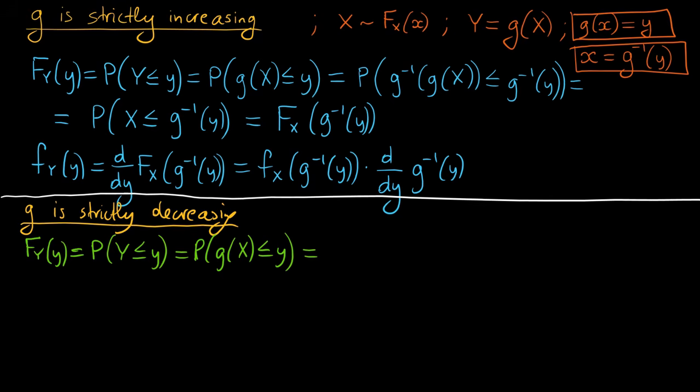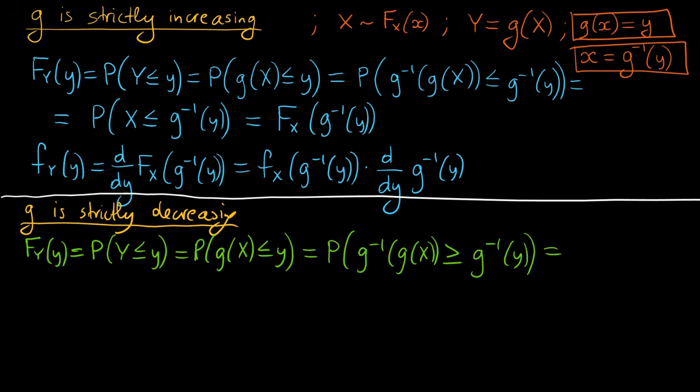We apply g inverse to both sides, but because g is strictly decreasing, now the order will reverse, so the sign will flip. So we have the probability of g inverse of g of x is greater than or equal to, we reverse the sign, g inverse of y.